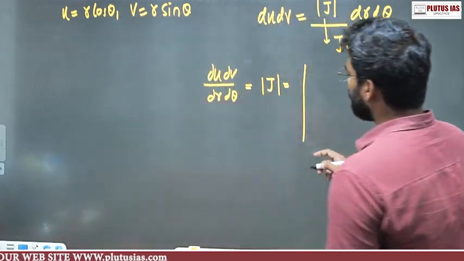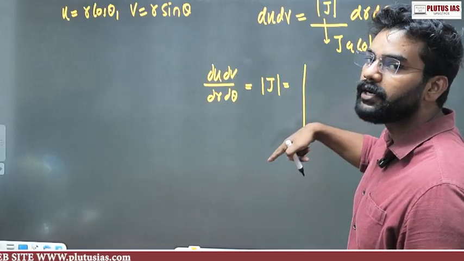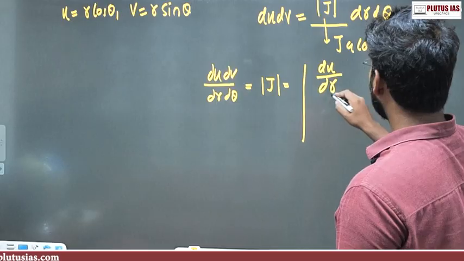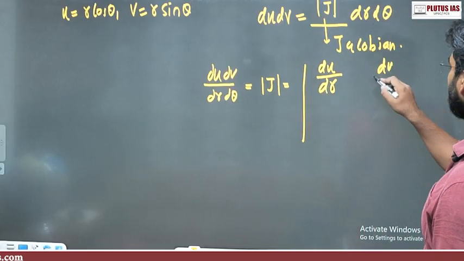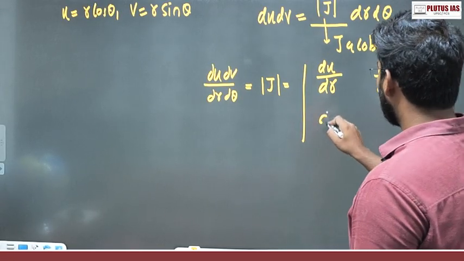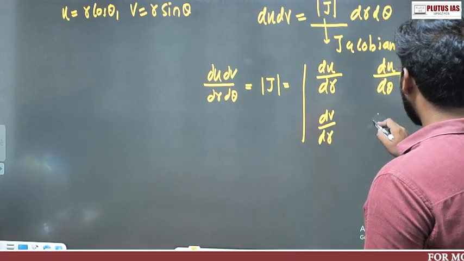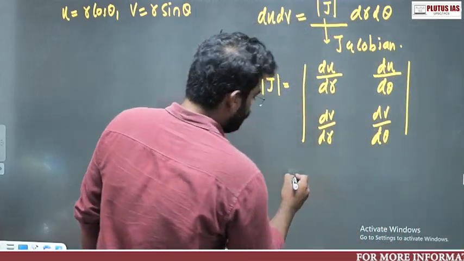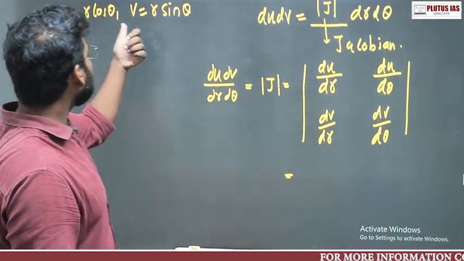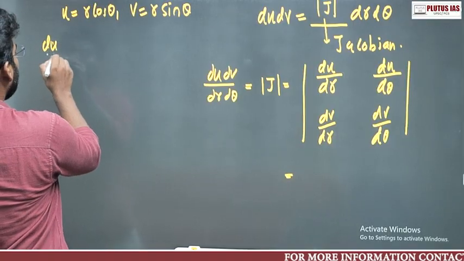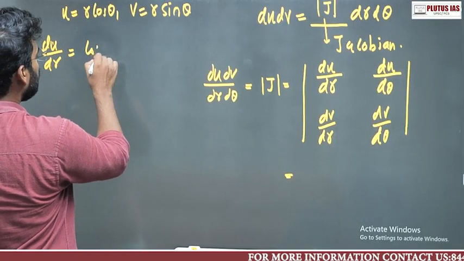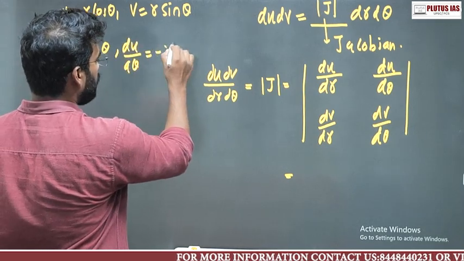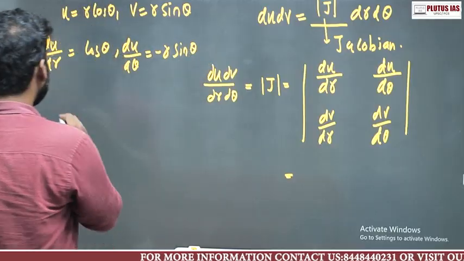What is the matrix whose determinant we are talking about? du by dr and du by d theta, dv by dr and dv by d theta. du by dr will be cos theta and du by d theta will be minus r sin theta.